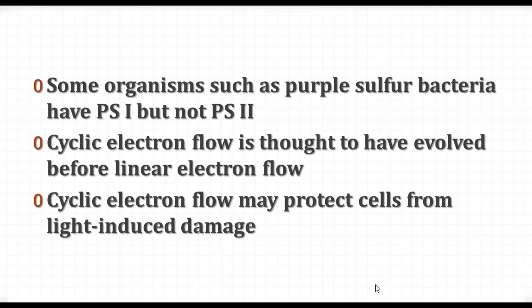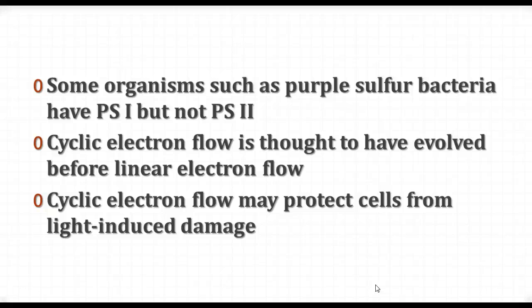There are some organisms that have only photosystem 1 but not photosystem 2. And so probably the cyclic flow evolved before the linear flow, and it also may help protect cells from damage from light.